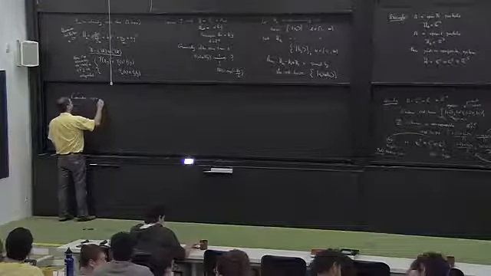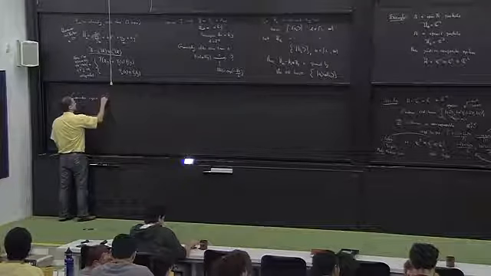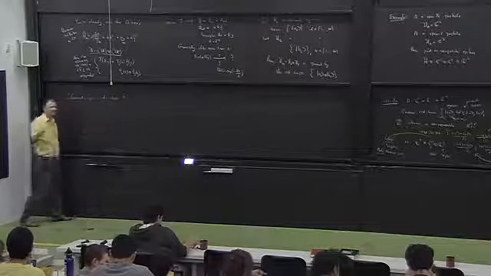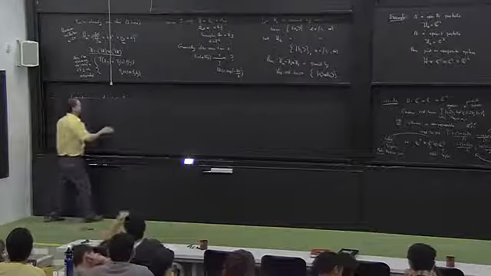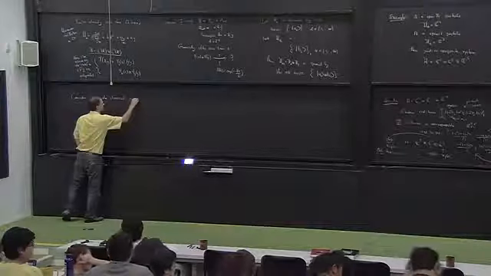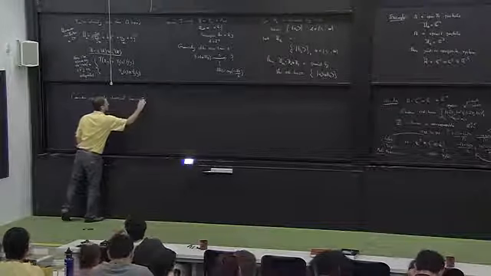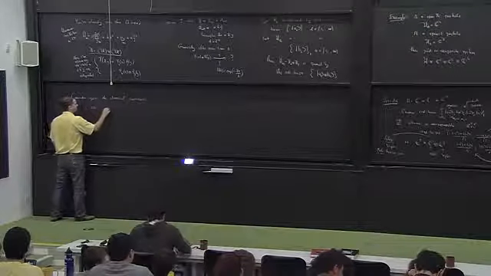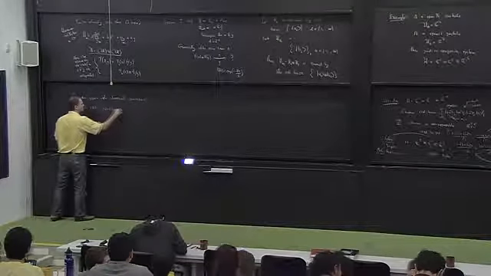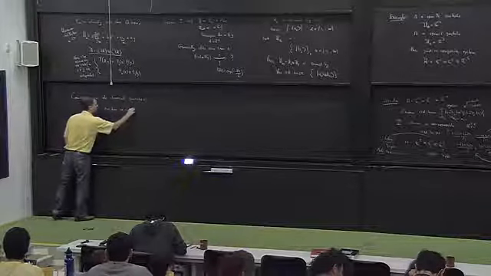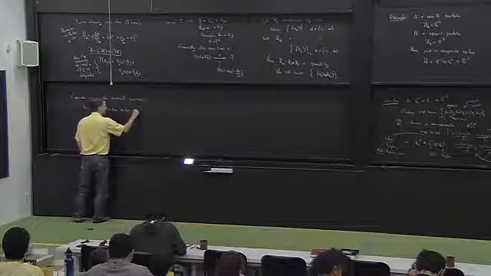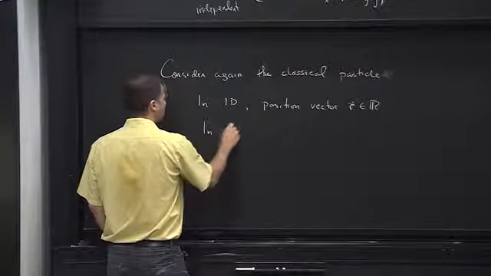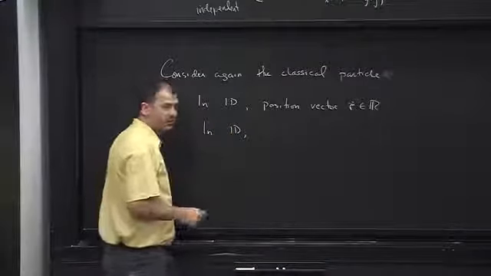So consider again. No, I'm happy to have a discussion, including coffee. Consider again the classical particle. In 1D, I have a position vector R. And in 1D, I can also describe the system.